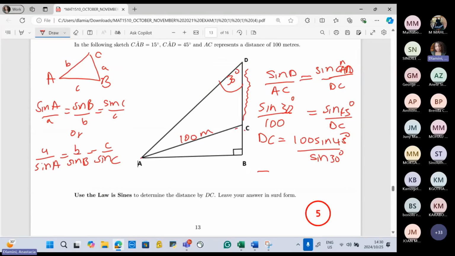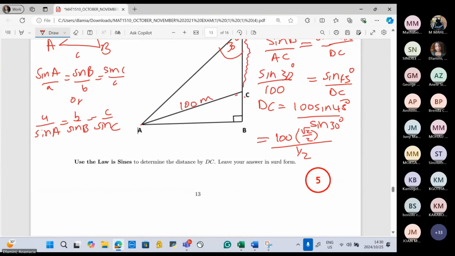When we remember our unit circle, what is sine 45? Square root of 2 over 2. Well done. What is sine 30? It's a half. So then this equals what?